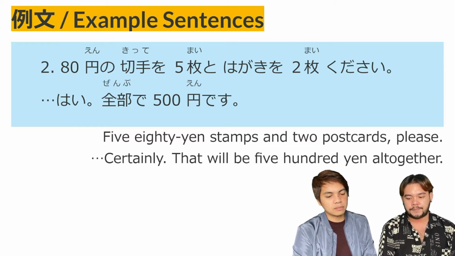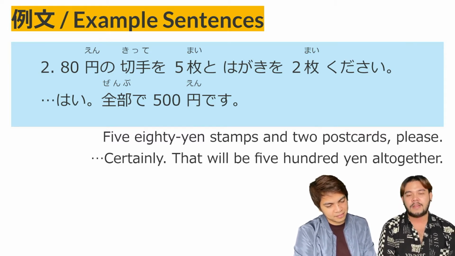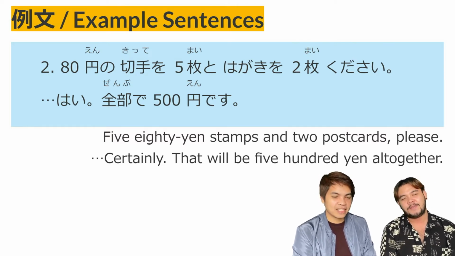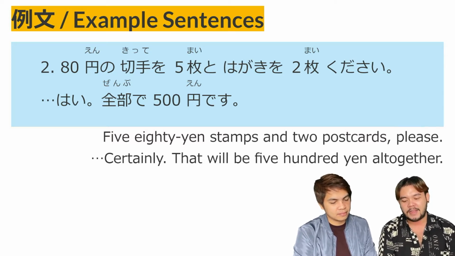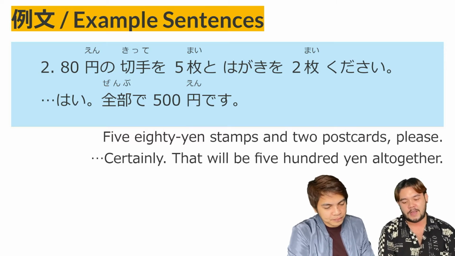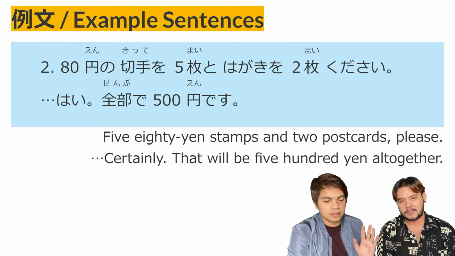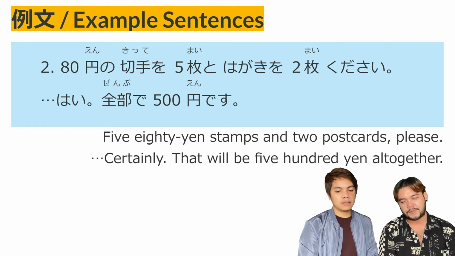Number 2. 80 yen no kitte o 5 mai to hagaki o 2 mai kudasai. はい。全部で500円です。 Kitte means stamps, so 80 yen stamps, 5 mai, and hagaki o 2 mai kudasai.